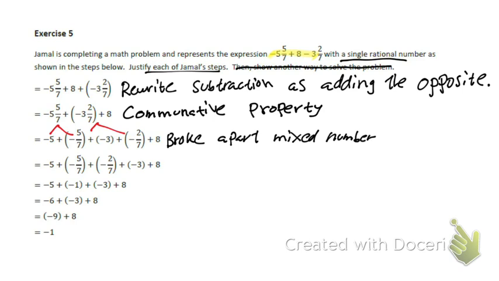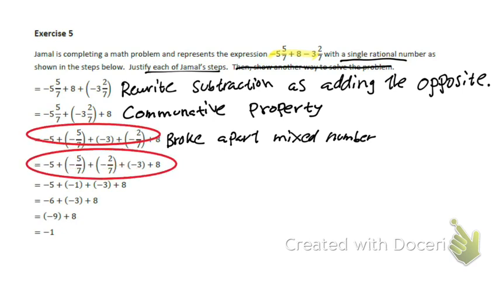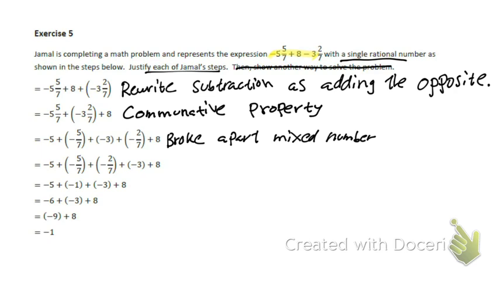Alright, so after he broke apart the mixed number, what did he do to get from here to here? Not much, right? All he did was switch these two numbers around. So move some numbers around.